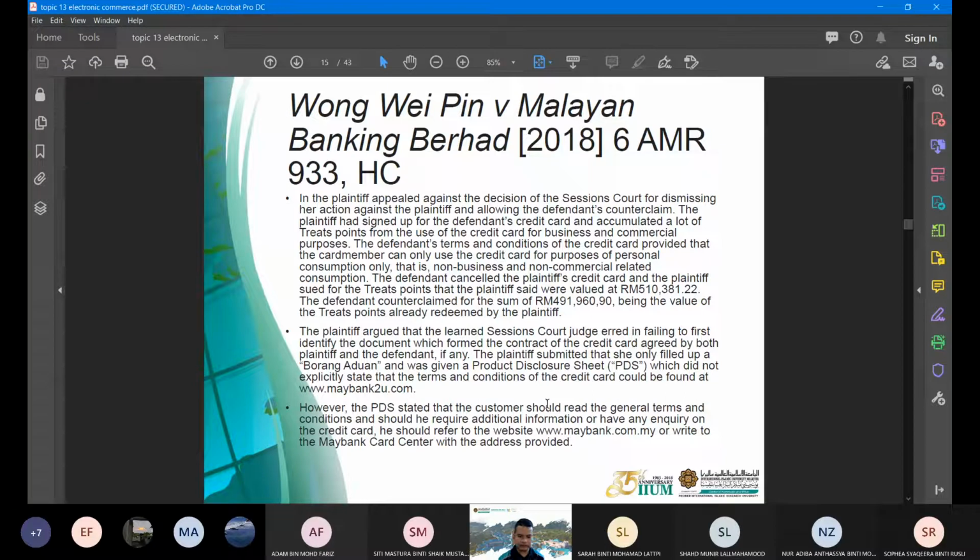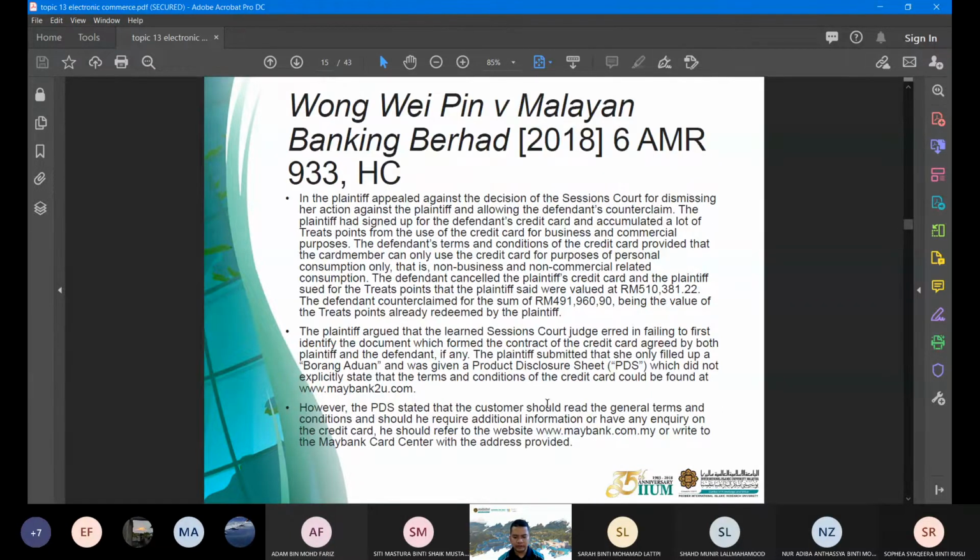This links to the issue that the usage of the card was supposed to be for personal use only. Of course the bank can terminate your card at any time if they find there's a breach of the use of the card. The plaintiff is saying she did not know about the terms and conditions.